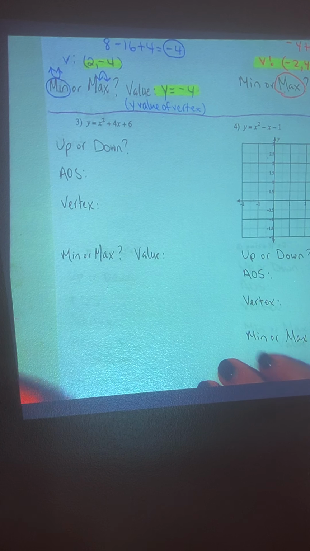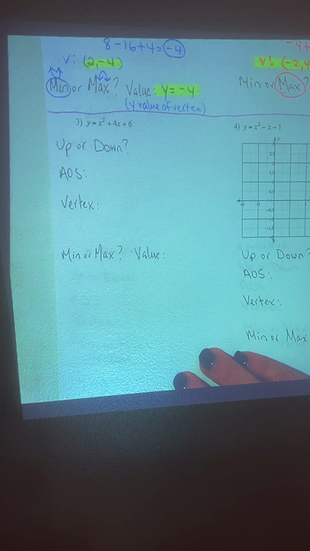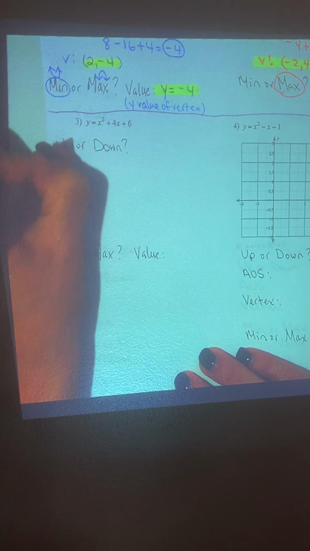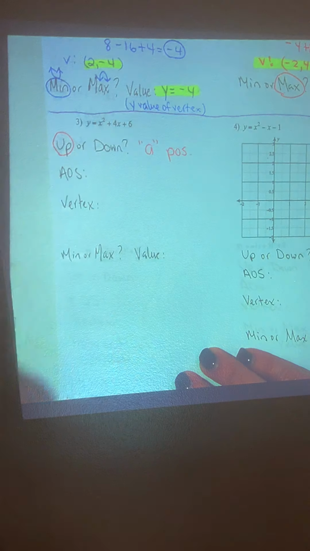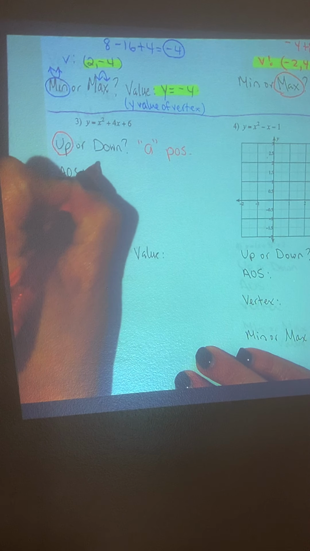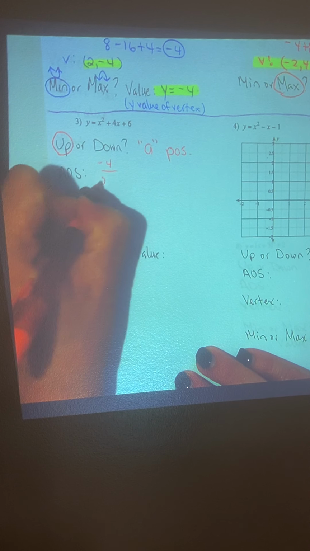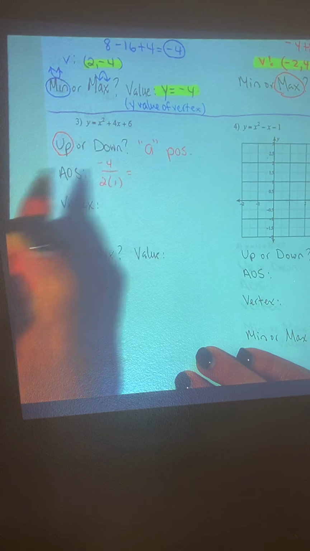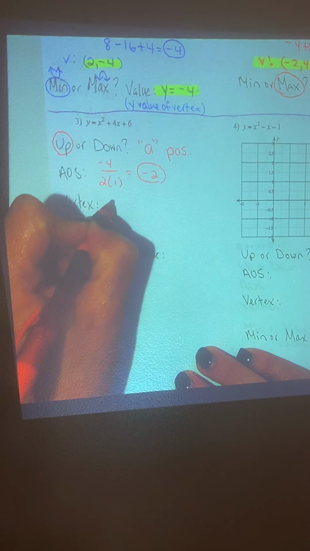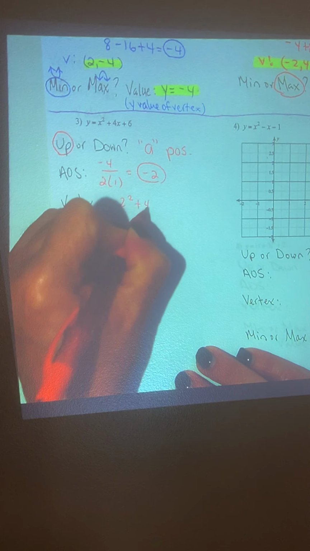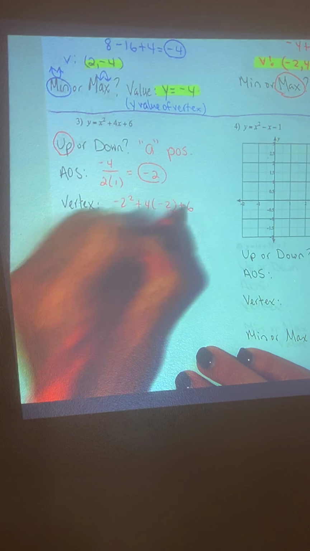Okay, number 3. Does it open up or down? It opens up. Why? Because a is positive. Axis of symmetry, negative b over 2a. Negative 4 over 2, negative 2. Plug it in. Negative 2 squared plus 4 times negative 2 plus 6.